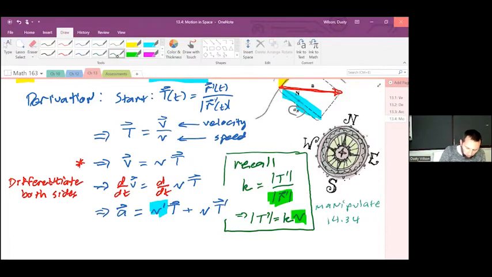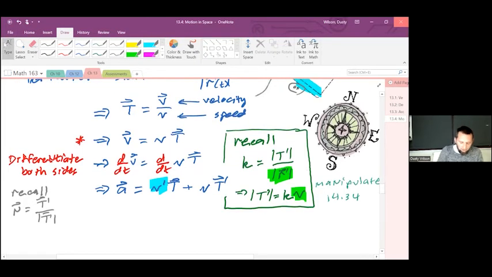Also recall that N is equal to T prime divided by the magnitude of T prime, which tells us that T prime equals the magnitude of T prime times the N vector.